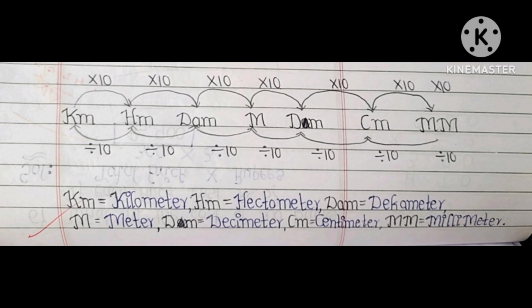By keeping this in mind, let's solve certain problems. Before that, between kilometer and millimeter, there are other measuring units. They are hectometer, decameter, meter, decimeter, centimeter. These all, from kilometer till millimeter, are the measuring units of small or long distance.